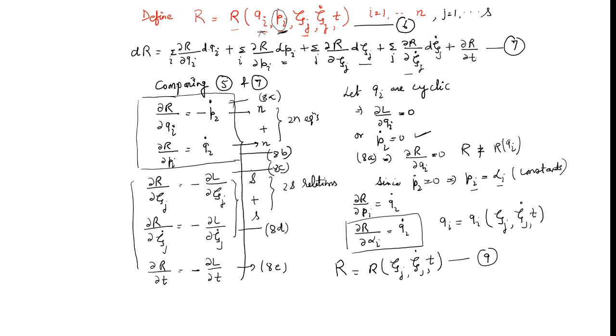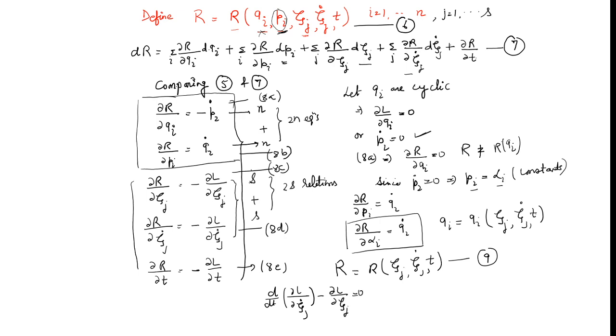So what is the Lagrange equation of motion for these coordinates? For j coordinates, d/dt of ∂L/∂ζj dot minus ∂L/∂ζj is 0.